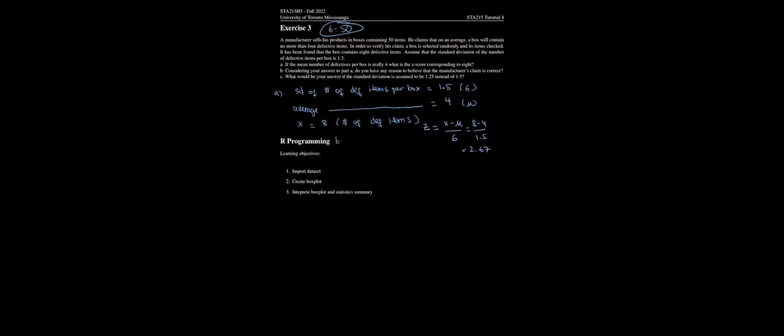So they ask: consider your answer to part A. Do you have any reason to believe that the manufacturer's claim is correct? Here they are asking us to use the z-score to check for outliers. As we discussed, if the absolute value of z falls between 2 and 3, then it is a possible outlier.